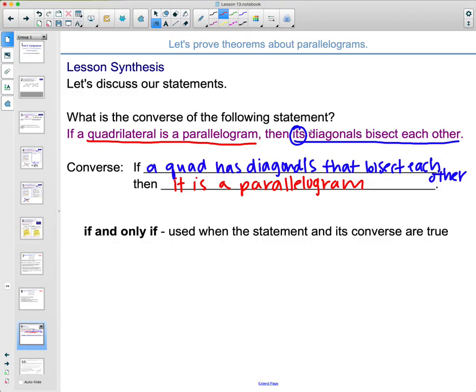Okay, so you interchange. So this one was saying its diagonals bisect each other. So if a quadrilateral has diagonals that bisect each other, then the quadrilateral is a parallelogram.